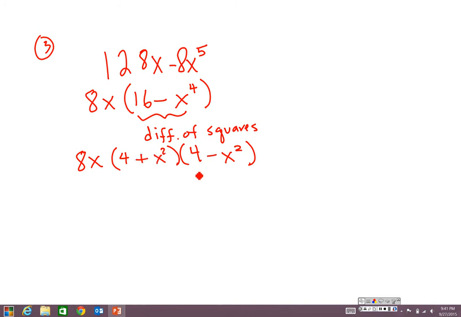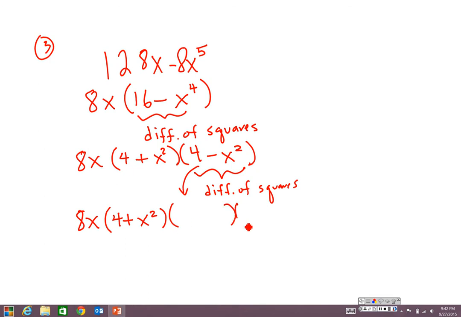Now notice again, there's another difference of squares. Of course, here 4 plus x squared is a sum of squares. You cannot factor that. We also have to keep that factor, but expand this factor to 2 factors.